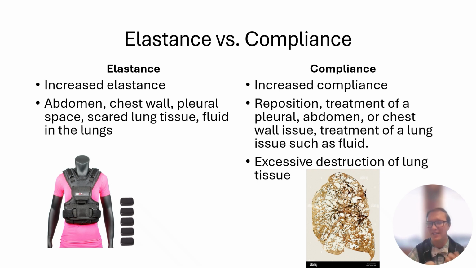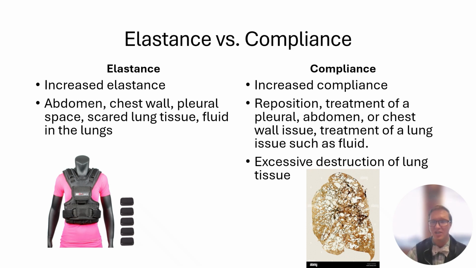Now, an increase in compliance means, hey, something happened to help the lungs expand. It's made it easier to expand. So something like repositioning the patient where their abdomen's no longer sitting on their chest wall. Or we're treating that pleural effusion. We're draining that fluid off of the outside of the lung so that the lungs can expand easier. Or we're taking the pressure off the abdomen. We're draining some extra fluid that's hanging out in the abdomen.